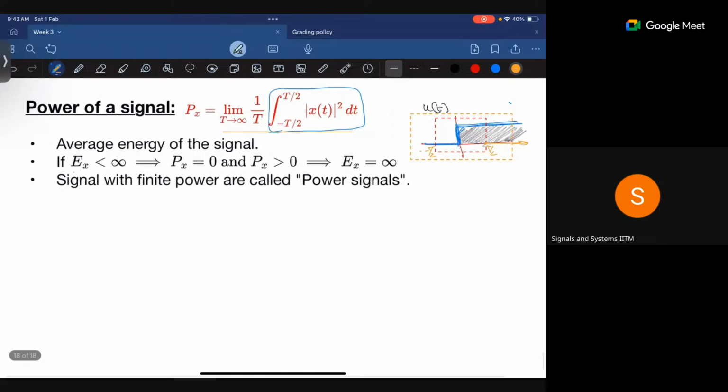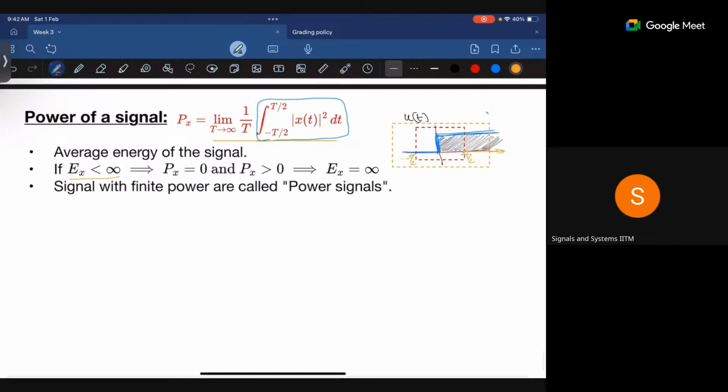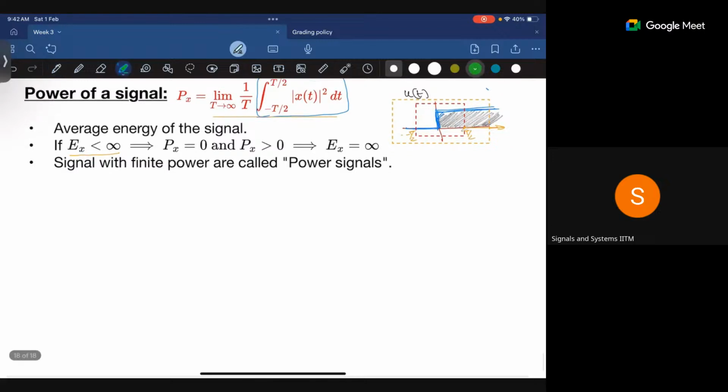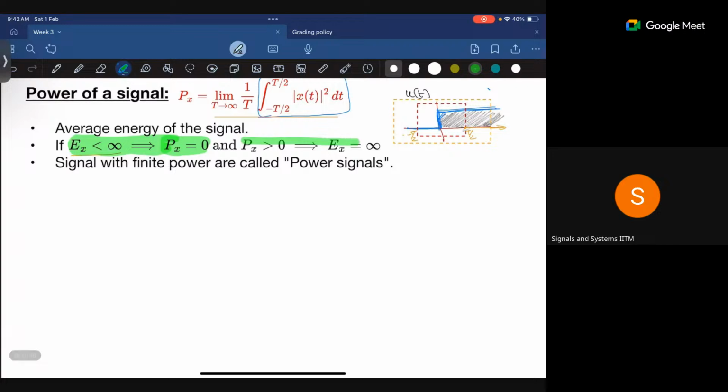If your energy is finite, that is, if your signal is an energy signal, then the power is 0. So the power of energy signals is zero. An energy signal will not have any power. Whereas if you compute the power and it is greater than 0, then definitely your energy is infinite.